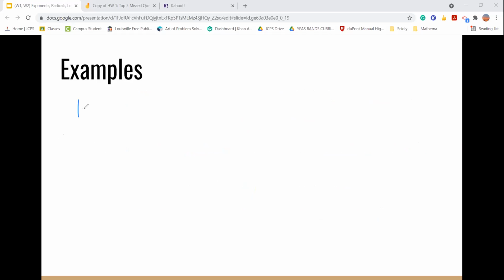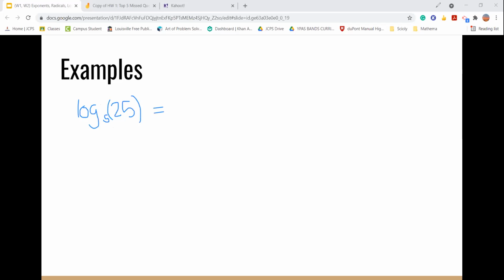Okay, so let's say log base 5 of 25. First, what does that mean? Type in the chat, what does that mean in words? It means how many times can 5 be multiplied by itself until you get 25? Yes, exactly. So how many times does 5 need to be multiplied by itself in order to get 25?